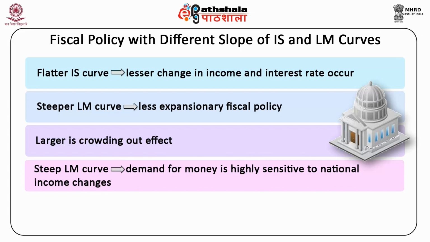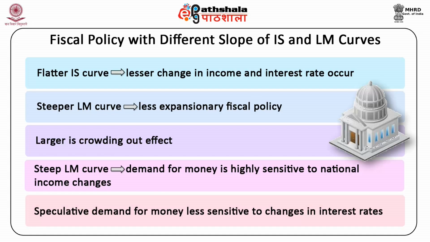The steep LM curve signifies that the demand for money, transactions, and precautionary motive is highly sensitive to national income changes, and the speculative demand for money is less sensitive to the changes in interest rates.